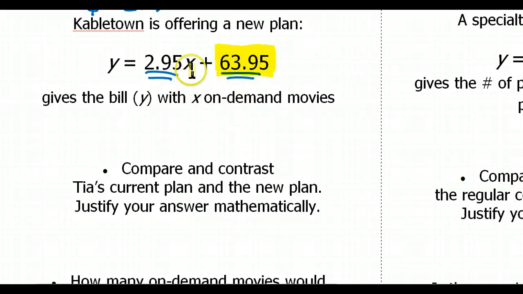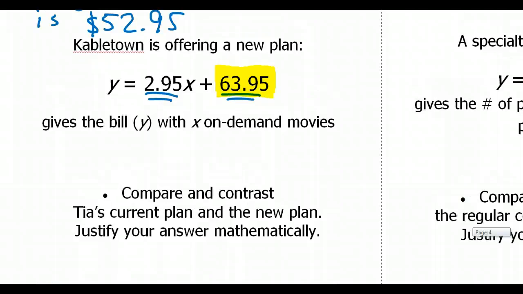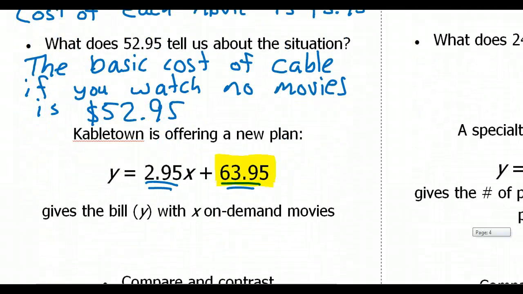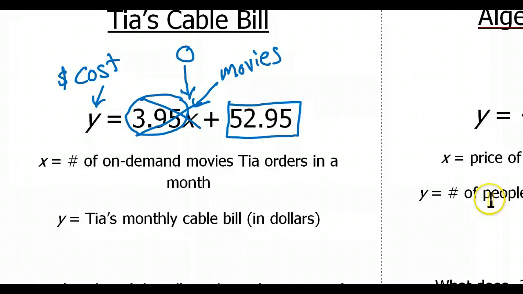This is still about movies, $2.95 per movie. What does the $63.95 on the end tell us? This is the basic cost you would pay if you didn't watch any movies. So for Cabletown, if you watch no movies, you pay $63, almost $64.